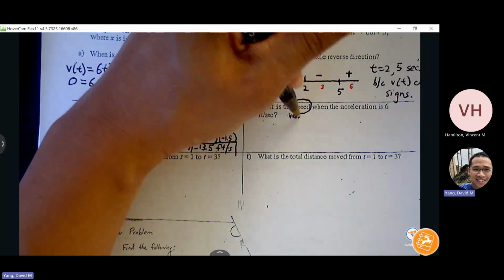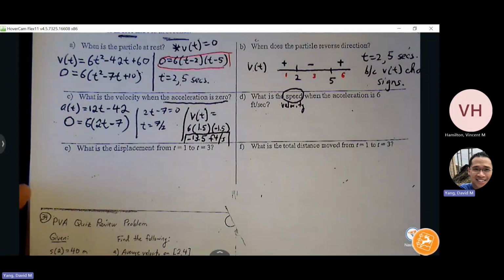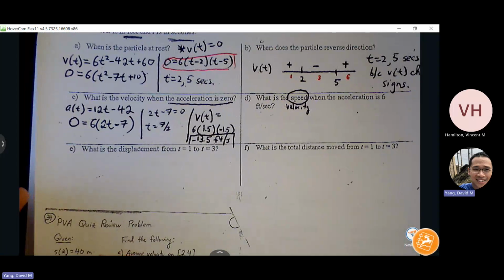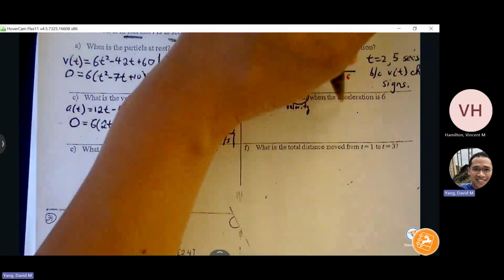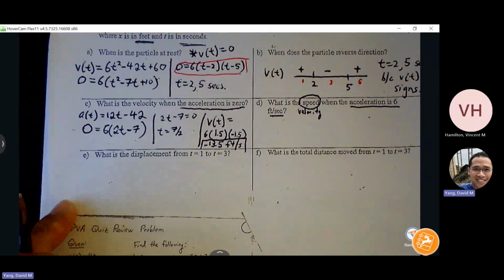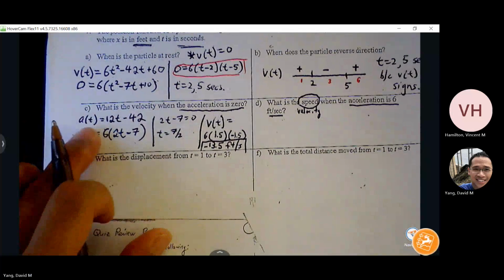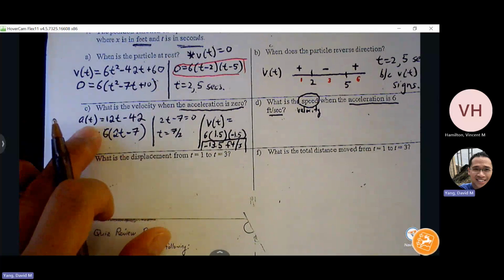So let's just worry about velocity first, since we have equations for it, and then we can turn around and figure out the speed. So let's rephrase the question. What is the velocity when the acceleration is 6 feet per second squared? So same process, right? Replace your acceleration with 6 instead of 0. And then we can solve for t, and then we can plug into velocity. Right.